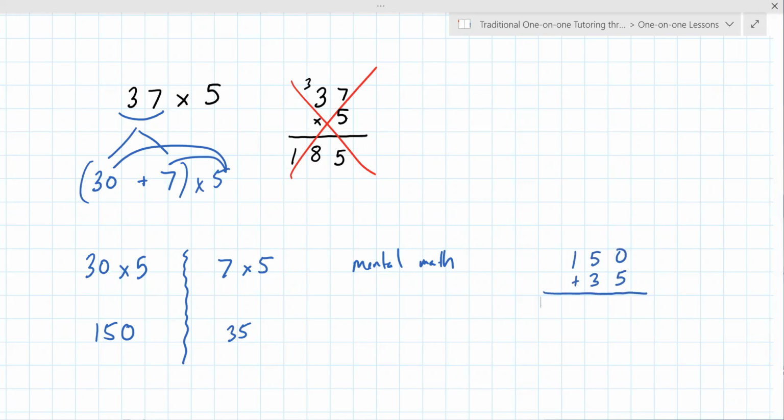That's the only way you can do this. 185. Yes. And do you see how that's the same as this?